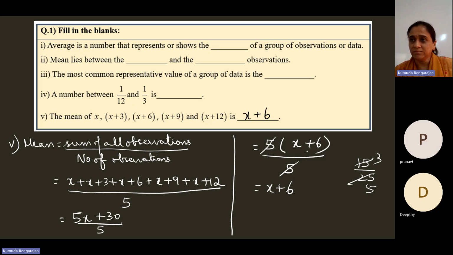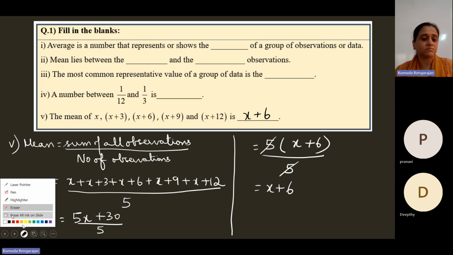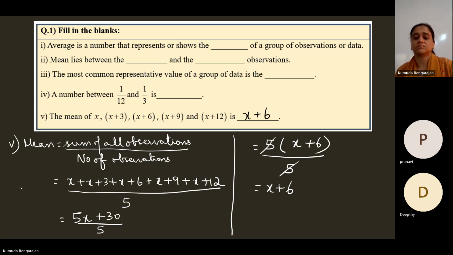When it's an expression involving x, y, z, we take out the common factor like this and simplify. Done? All right. Next one.